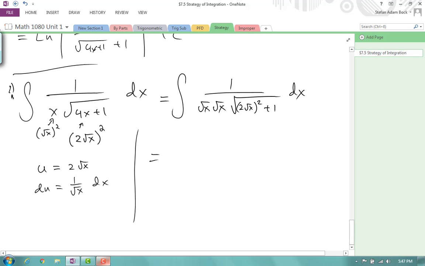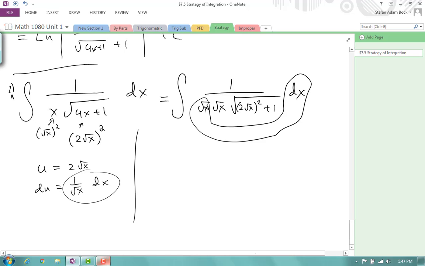So one of these root x's with the dx becomes the du. So this is equal to 1 over the square root of u squared plus 1 du. But over here, I need to get rid of an extra x, or extra square root of x.